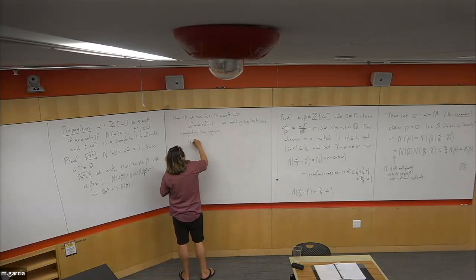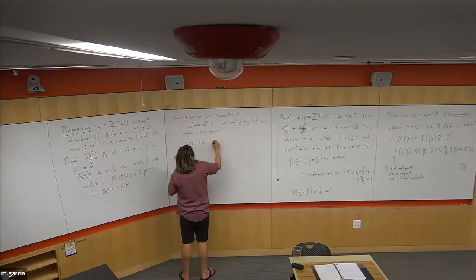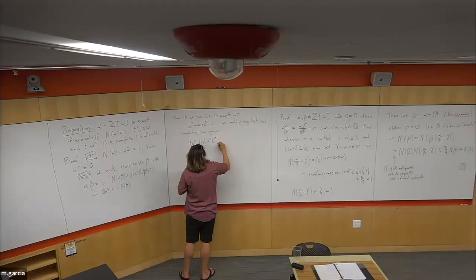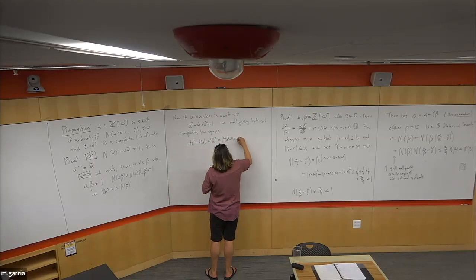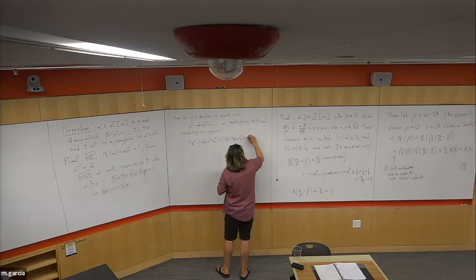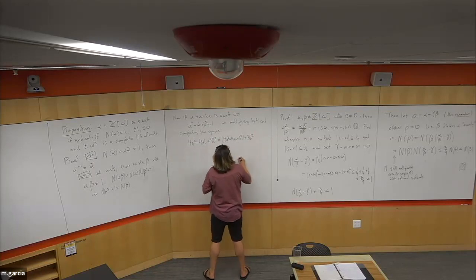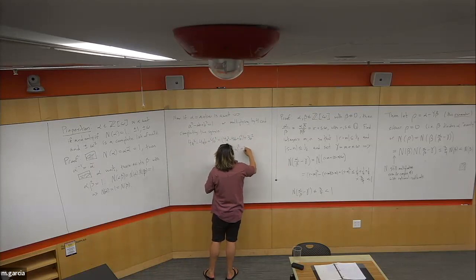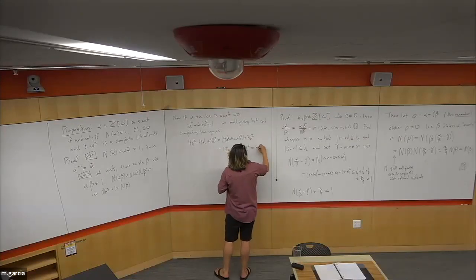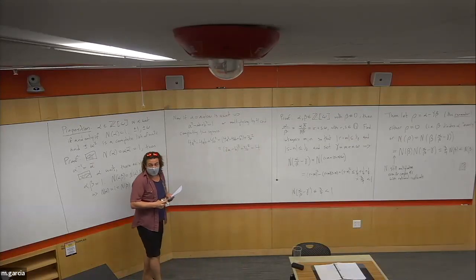We get 4a squared minus 4ab plus 4b squared equal to 4a squared minus 4ab plus b squared plus 3b squared. Or in other words, (2a minus b) squared plus 3b squared is equal to 4, right?